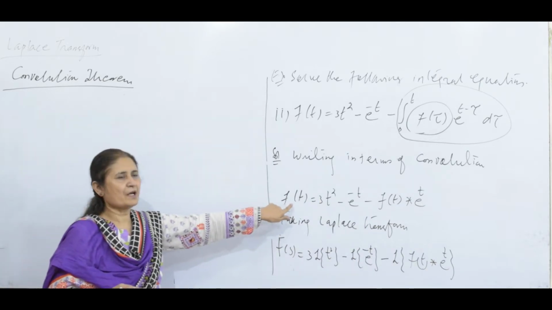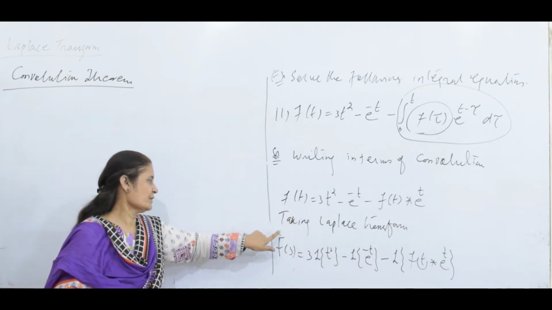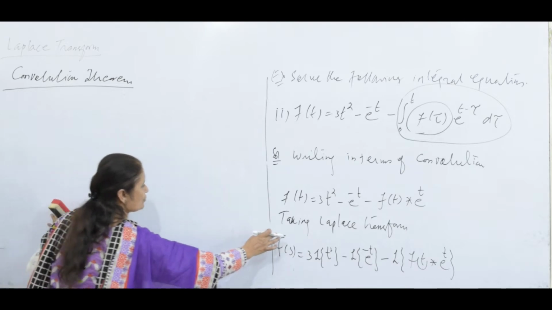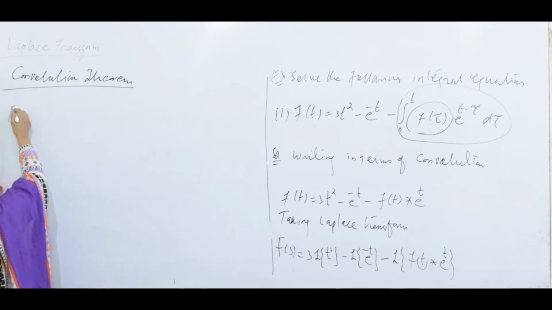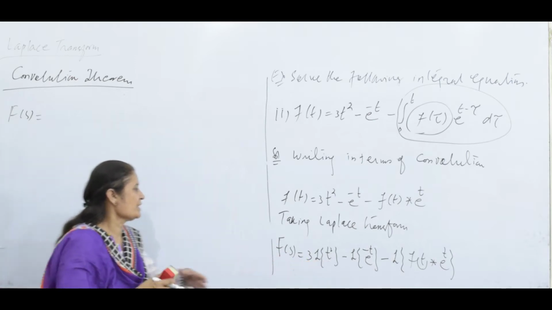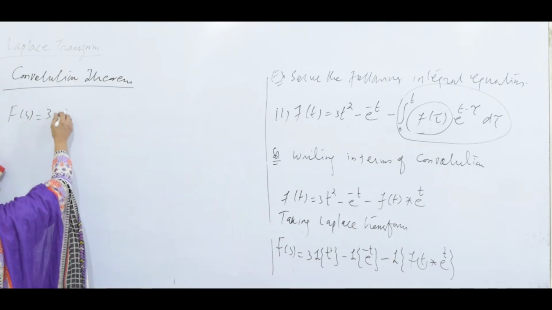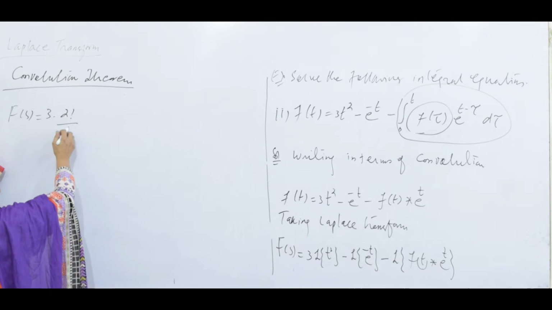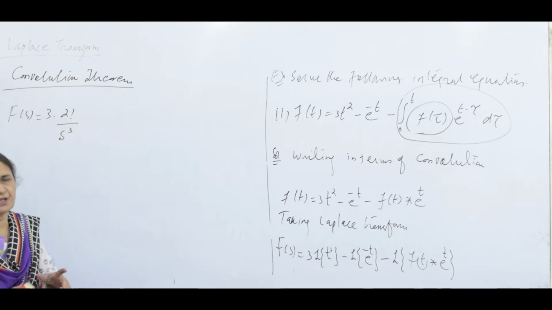On the left, the Laplace of the small letter function is going to be the function of s, F(s). The Laplace of t squared is 2 factorial over s cubed.